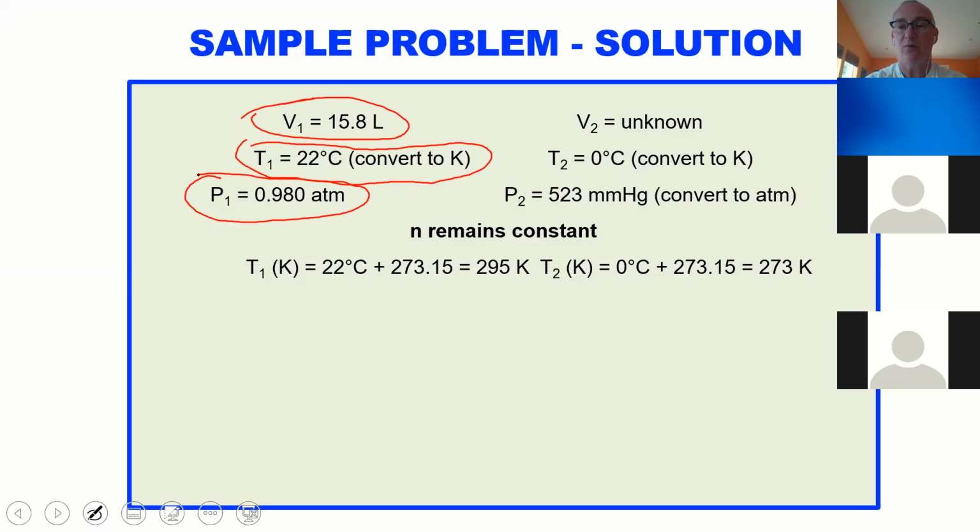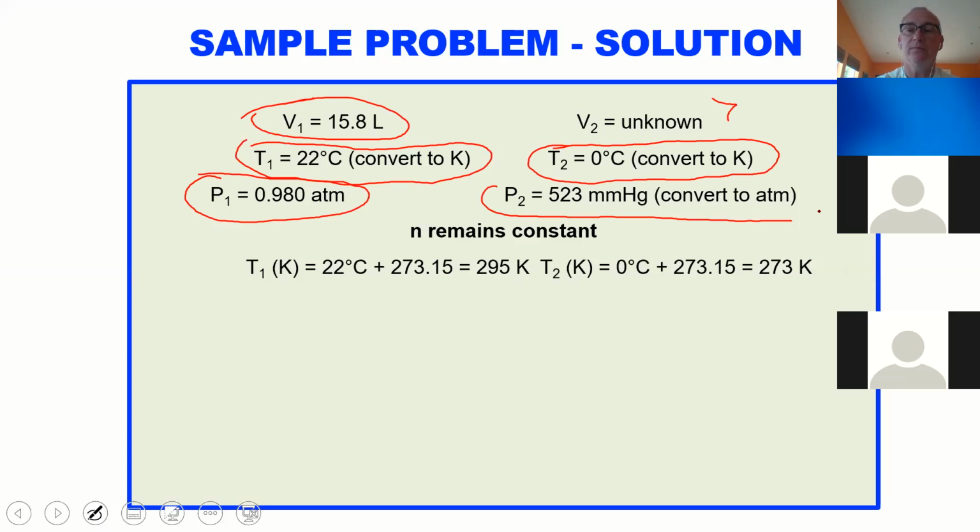We don't know that. What we do know is the new temperature, and we know the new pressure. So remember, N stays constant. We haven't added any new helium, and we haven't released any helium. So N stays the same.